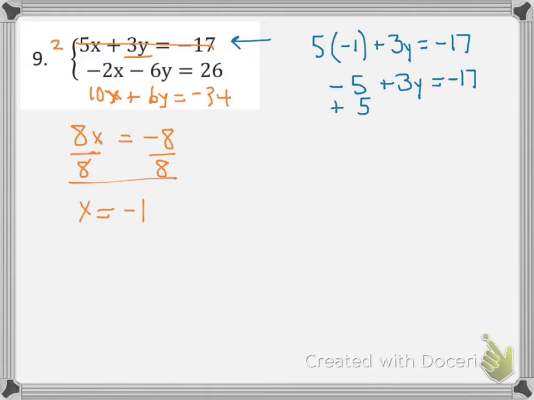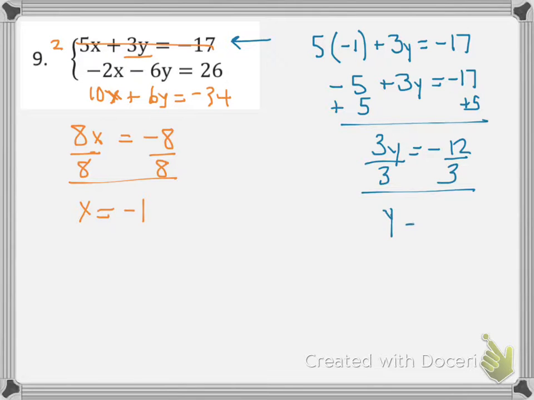I'm going to add 5. That's going to give me 3y equals a negative 12. Divide each side by 3, and we get y equals a negative 4. So solution, x value negative 1, y value negative 4 is the solution to that system of equations.